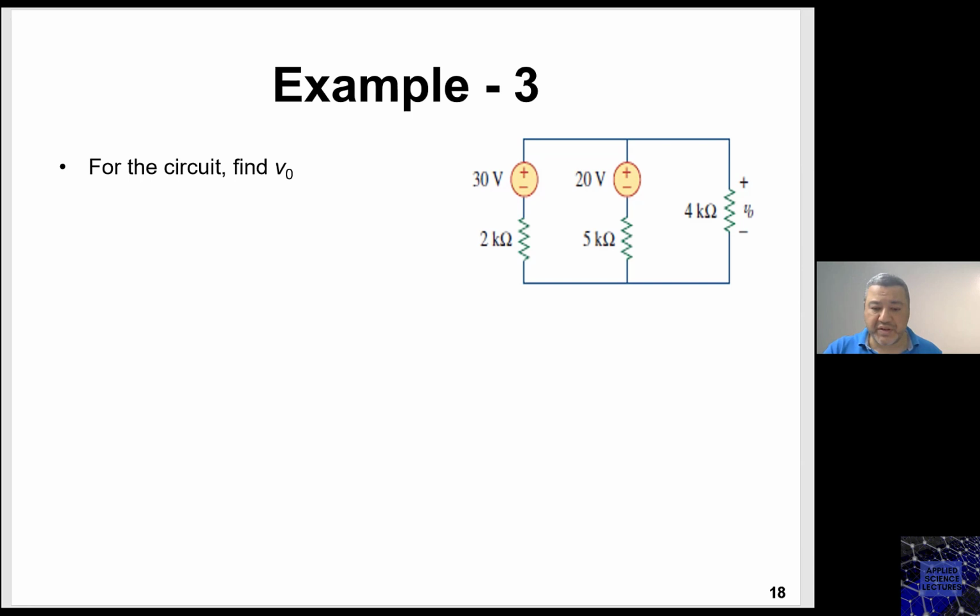You can pick the reference point wherever you want, but keep in mind that if you don't have the reference connected to one side of the voltage source, then you have a supernode, right? Here you have a supernode. If you put the reference here, then you don't have a supernode.